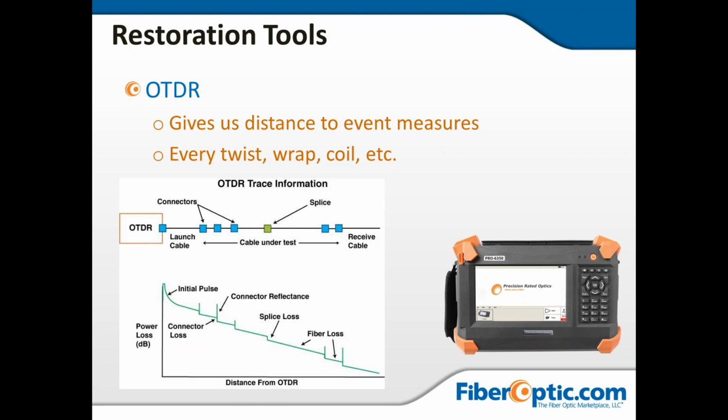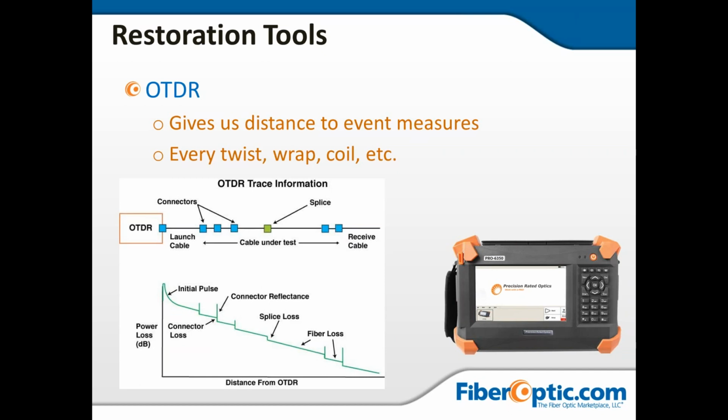So the OTDR picture depicted below is kind of showing how different events are interpreted on an OTDR trace. If you look at the top, we're showing you a linear representation of a cable, not the loss, but saying, okay, we've got a cable, it's coming out, we've got 3 connectors, then a little bit further out we've got a splice, and then a little further on we've got 2 more connectors.